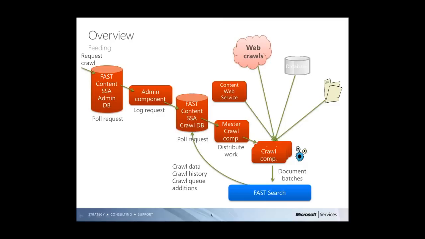Once that's done, there will be a callback to the content SSA crawl database that basically says, this is what was going on, here's our history. Is there any more crawl queue additions? Say if there's another site that gets added, there's going to be more crawls the next time it gets run.